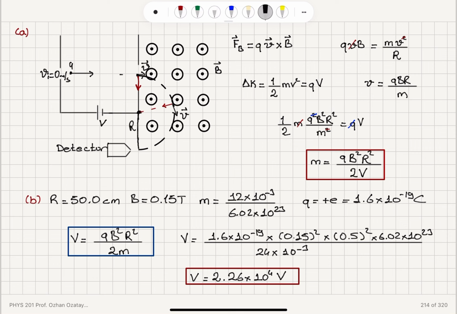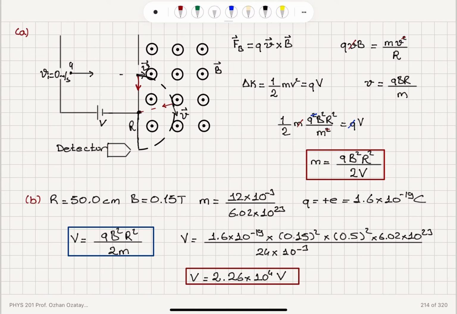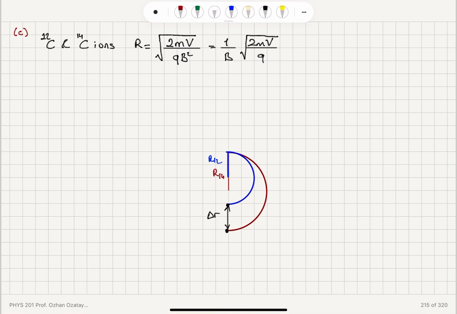The radius R can be calculated again using the expression I found in part A. The radius R is the square root of 2mV over Q, times 1 over B. So R is the square root of 2mV over Q, times 1 over B. You can see from this expression.